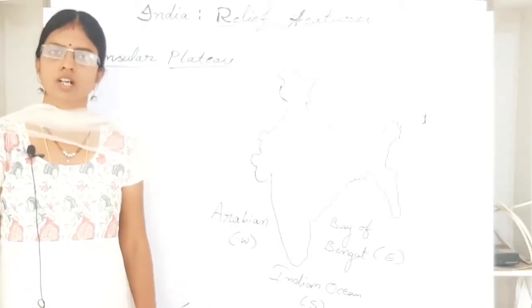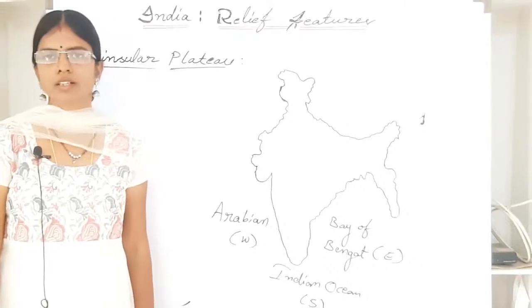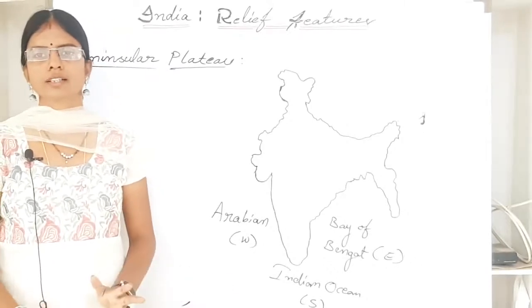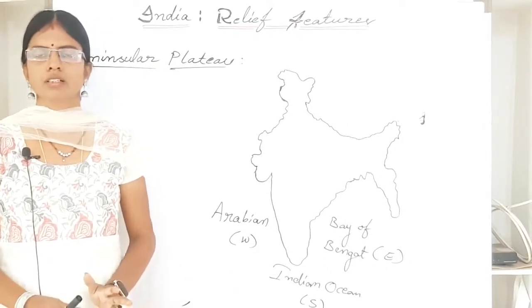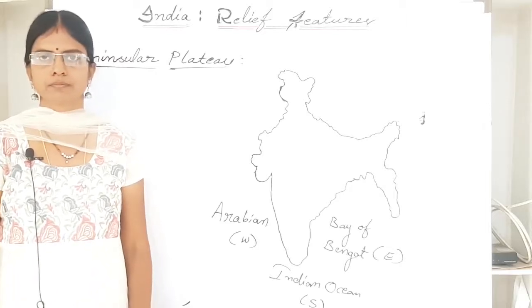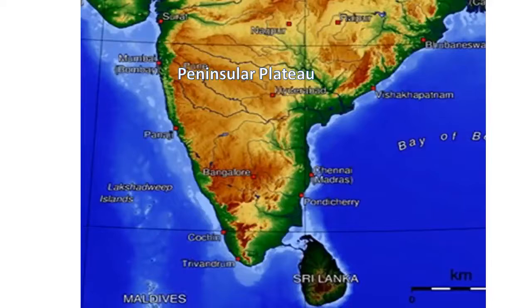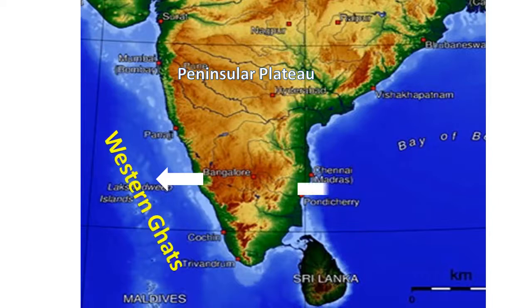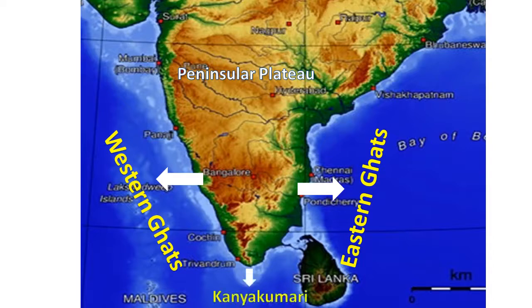The rivers are not perennial here, so the irrigation for the second crop depends on deep tube wells and tanks. The Western Ghats lie on the western margin and the Eastern Ghats lie on the eastern margin of our peninsular plateau. The southernmost tip of the plateau is Kanyakumari.